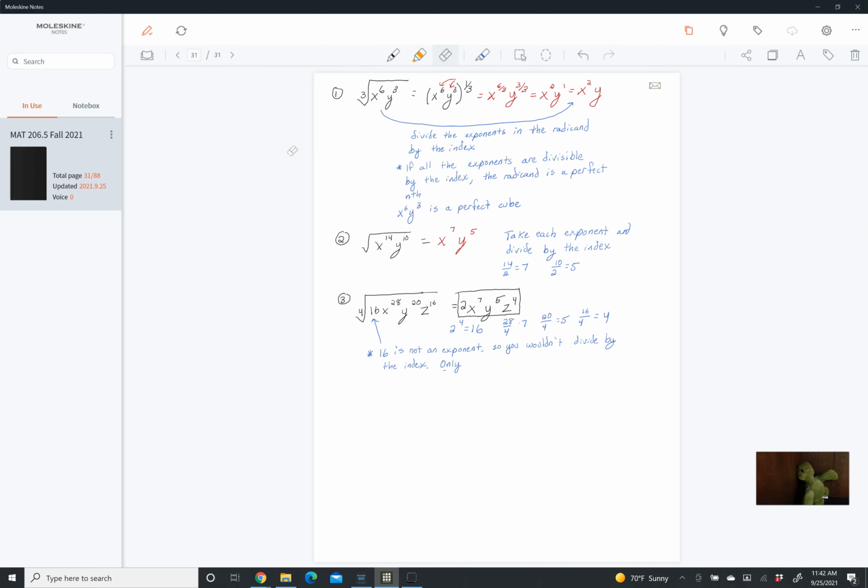Only exponents get divided by the index. Okay, if it's a constant, then you're finding the nth root, in this case, the fourth root.